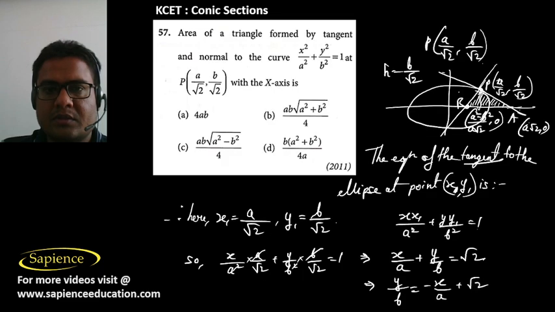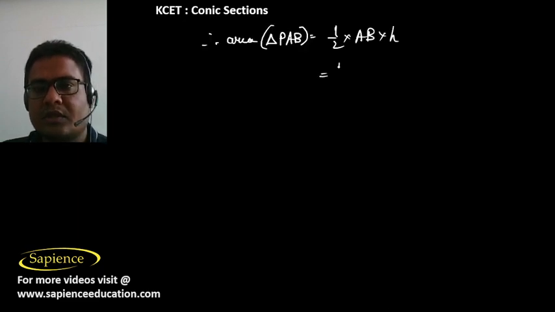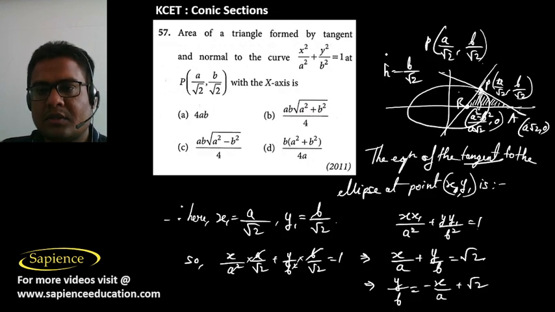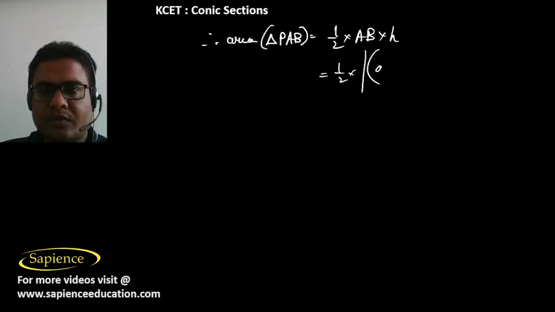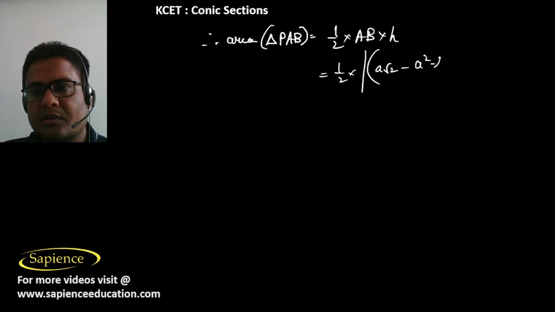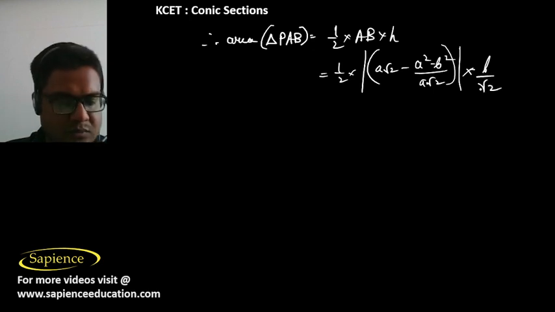So it will be half into AB into h. So that will be half into AB is a root 2 minus a square minus b square by a root 2, into b by root 2.